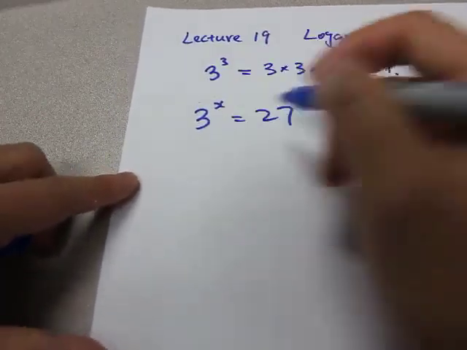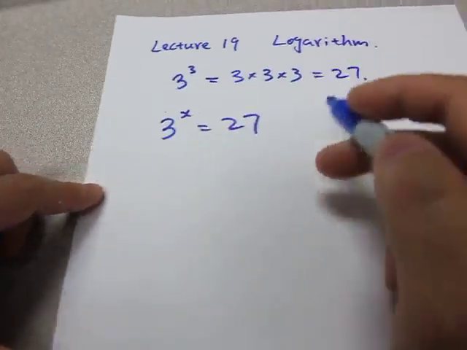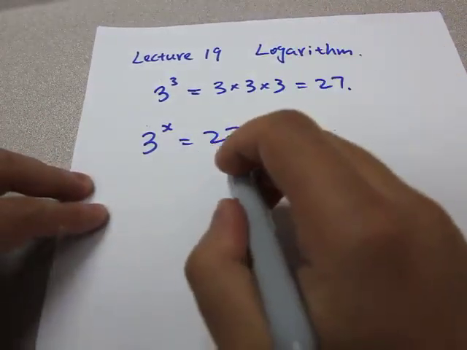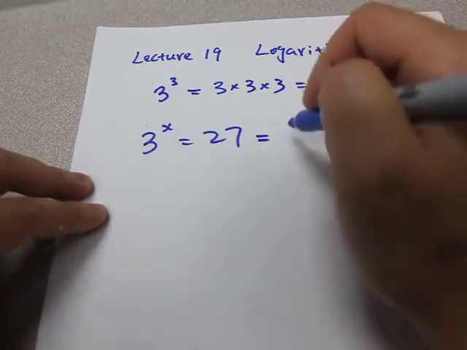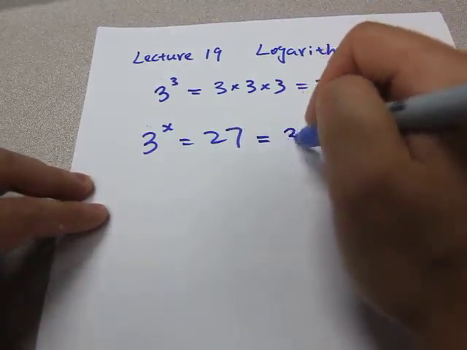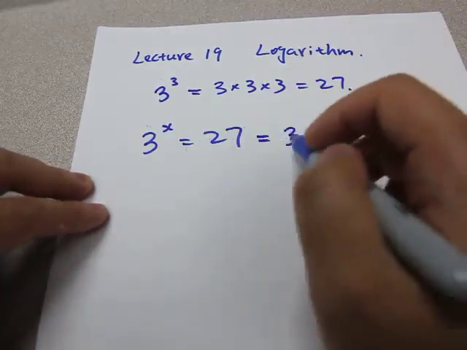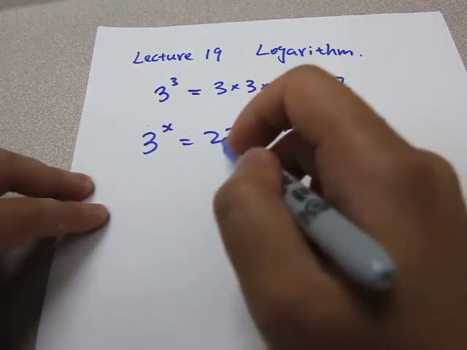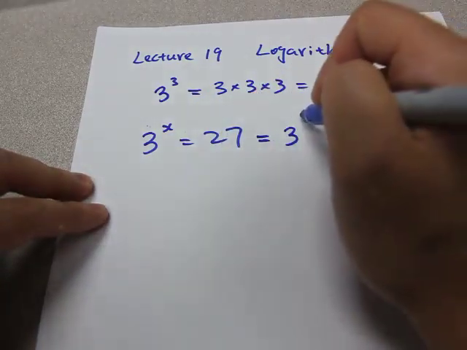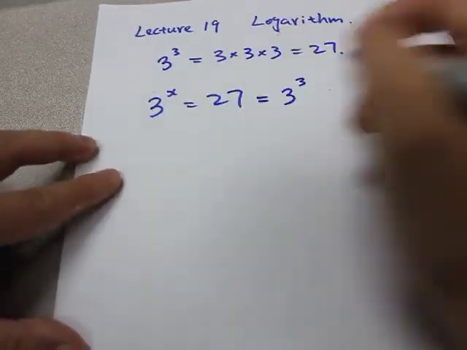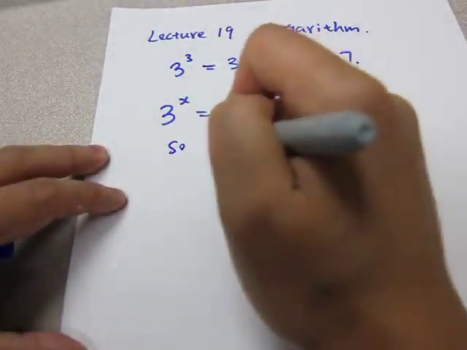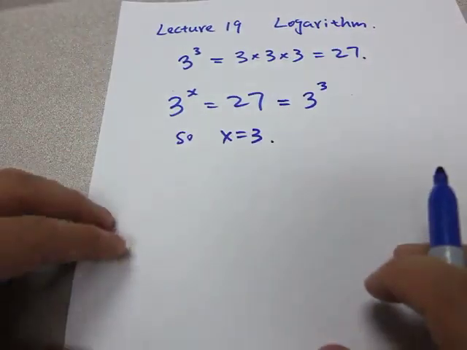Now in this case, we can solve this problem by writing 27 as an exponent whose base is 3, because 27 equals 3 to the power of 3. So x equals 3.